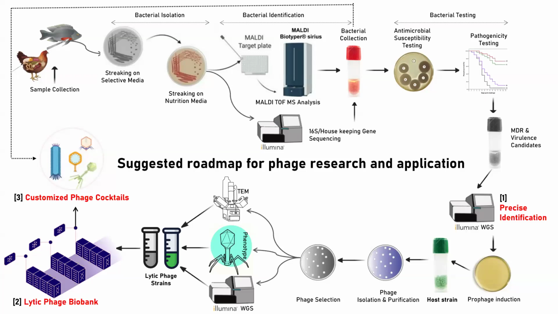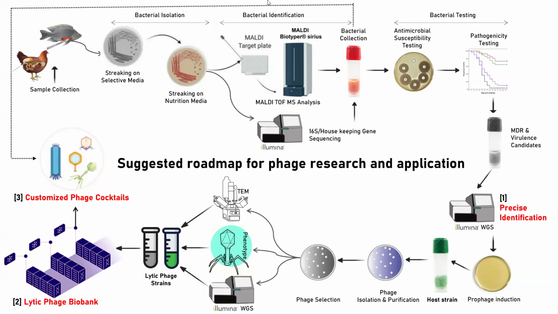Sampling means we collect the sample from the animal, and after that we do the bacterial isolation. After we have the pure colony of the bacteria, we go for the bacterial identification. For the bacterial identification, we have many types of methods.